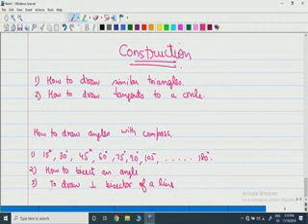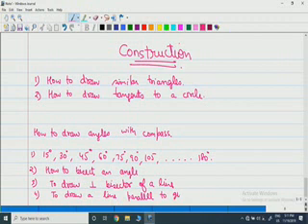And the fourth thing, to draw a line parallel to a given line. These are the things, the pre-requirement which you should know before starting this chapter.